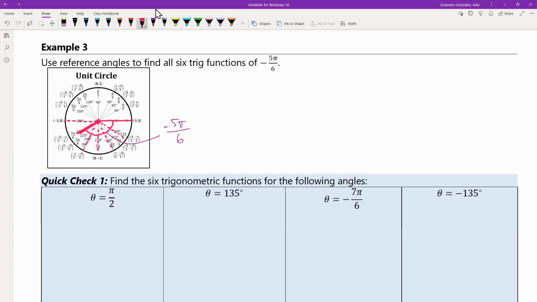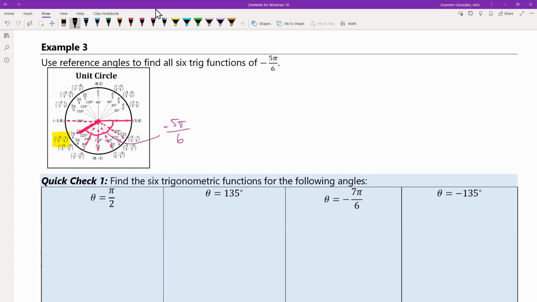Do I need to memorize the stuff for negative 5 pi over 6? No, I do not. It landed on 7 pi over 6, so I can use all the information for 7 pi over 6 instead of going to negative 5 pi over 6. Ta-da! Okay, we have everything we need. We need these x and y values.